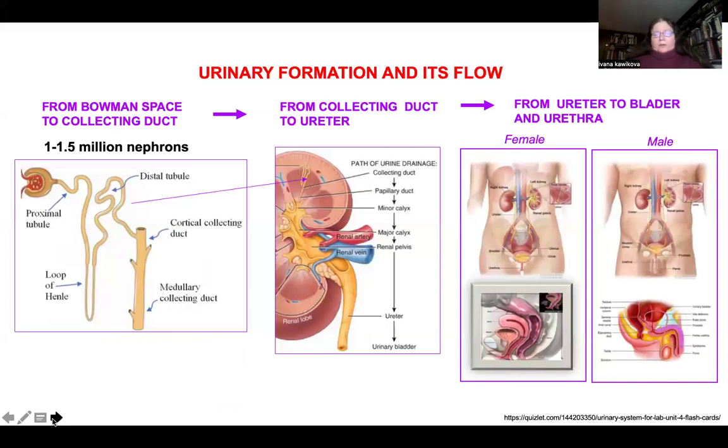Now, if we summarize how the urine is formed and how it flows out of the body, it starts in the glomeruli, which are in the cortex, right? The filtrate of plasma is then moving into the tubular system, and it's modified in a way so that we don't lose much fluid.